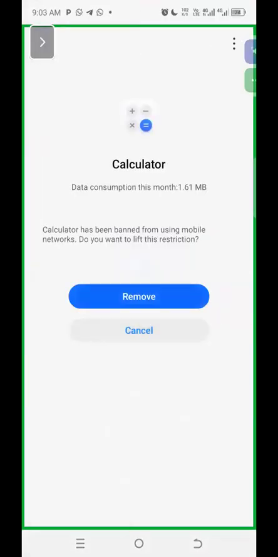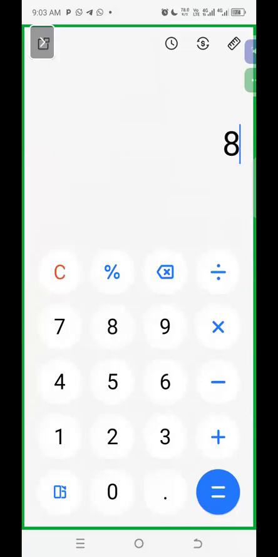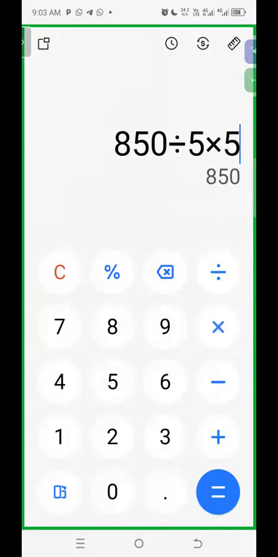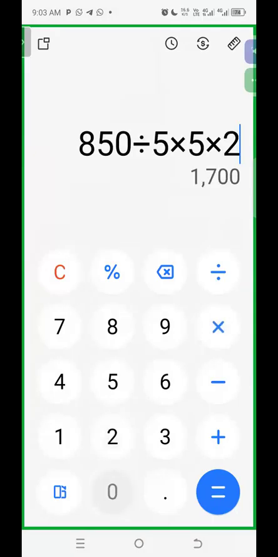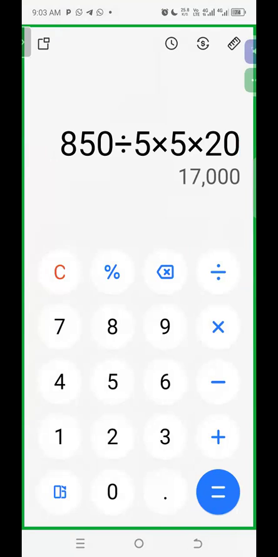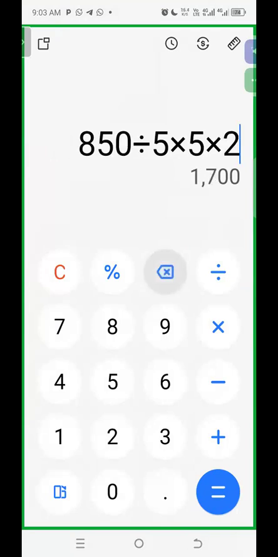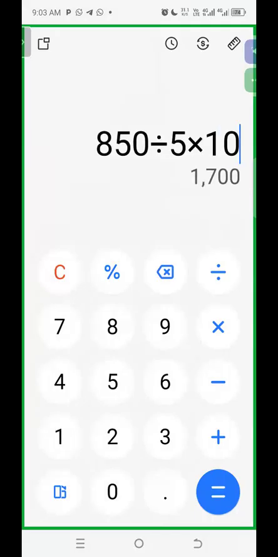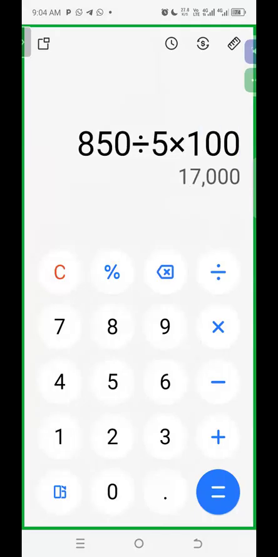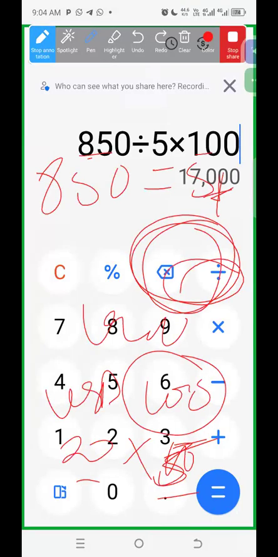So since we don't know, this is the simplest calculation that we can do. 850 divided by the 5, which is the actual USDT, times 5, which is the leverage, times our capital, which is 20, which is giving us 17,000. So if I prefer, I can just write times 100, because I've multiplied 20 times 5, which is the 100 USDT.